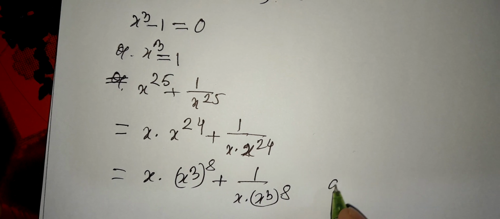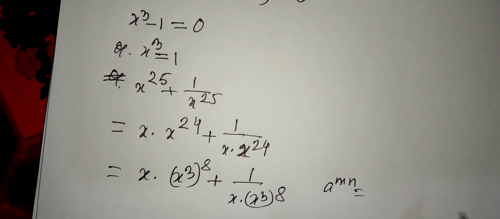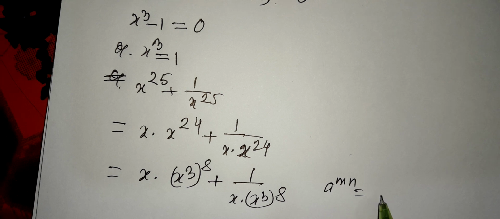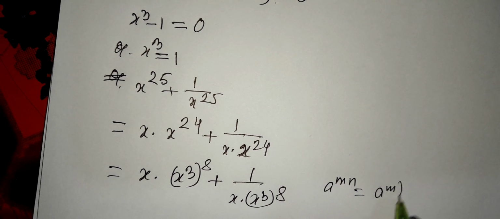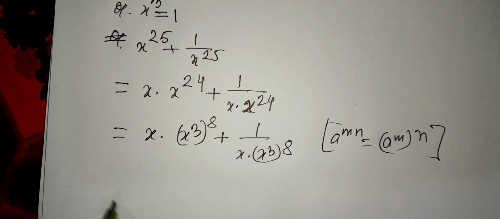We know that a to the power mn we can write as a to the power m all to the power n. We use this formula here.